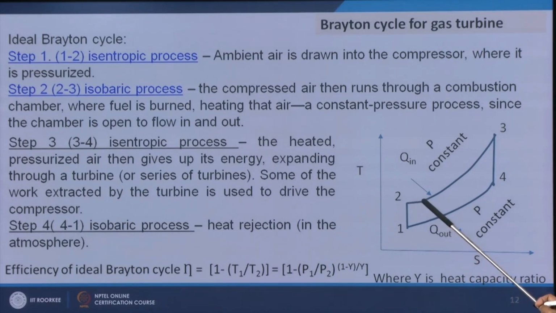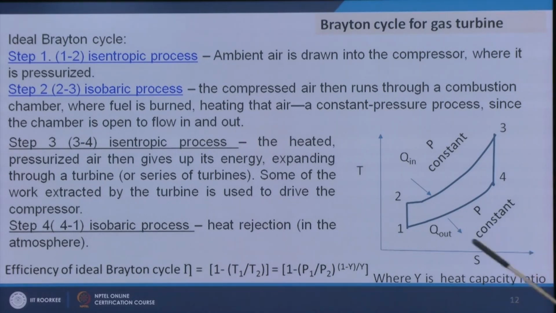Then the isobaric process, then 3 to 4 we get again an isentropic process, and 4 to 1 again an isobaric process. So, these 4 processes, 1 2, 2 3, 3 4 and 4 to 1, are considered in the case of Brayton cycles.